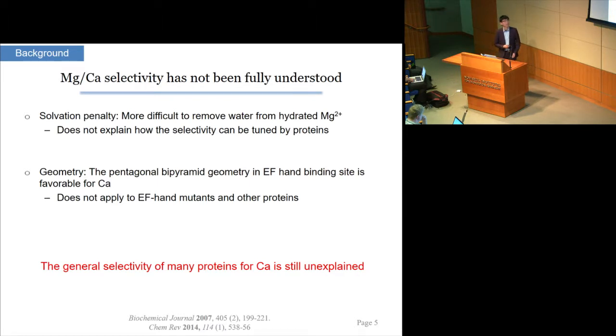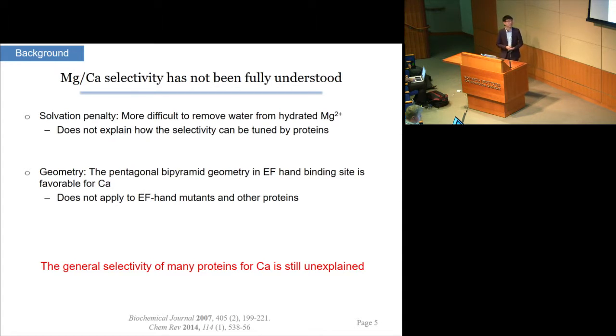But this argument cannot explain why the selectivity can be finely tuned in the proteins. Another argument is that because many calcium binding proteins have the pentagonal bipyramid geometry, which is favorable for calcium.